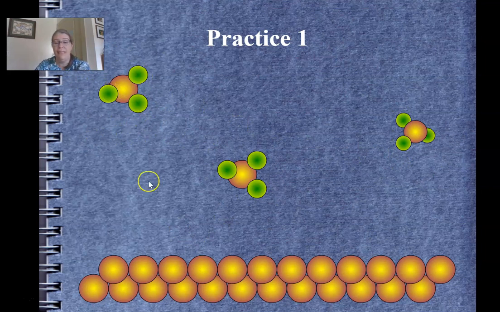So there's a gas on top. Now if I look down at the bottom, this is clearly different from what's on top because this is all just orangey spheres. It's on the bottom, not a gas. It's very ordered and regular. So that makes me think solid. So how do I put this in kind of a sentence?